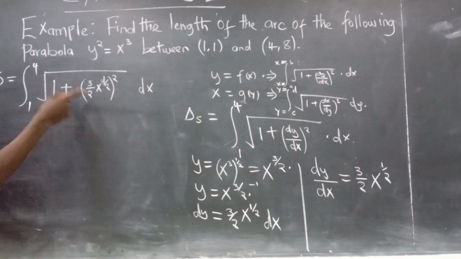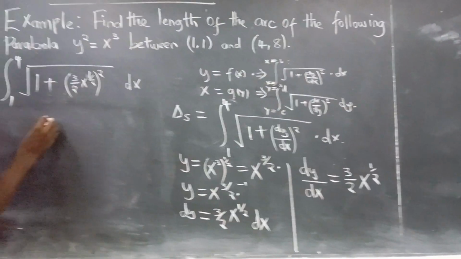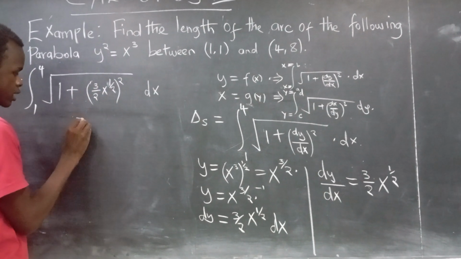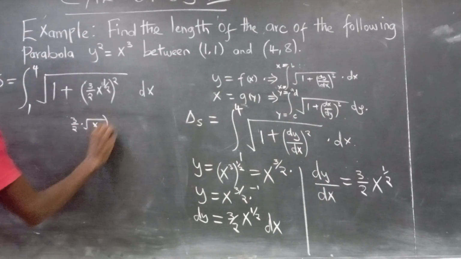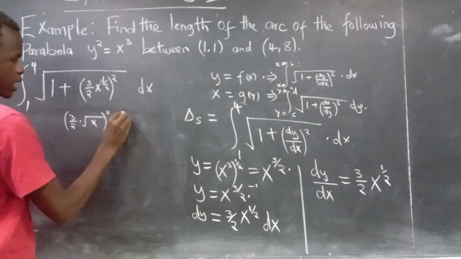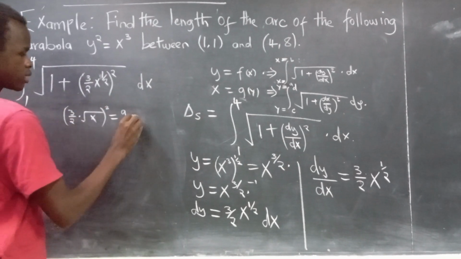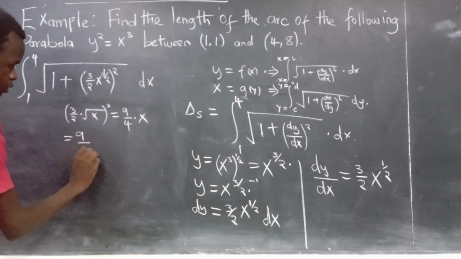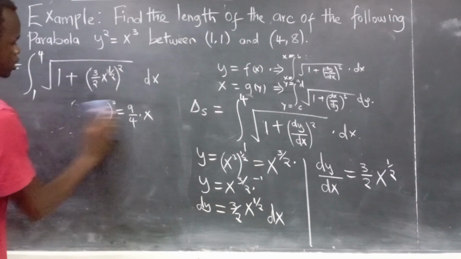So let's find the square of that. This is the same as 3 over 2 multiplied by the square root of x. When I square this, I get 9 over 4, and the square root squared is just x. So I get my answer as 9 over 4 x.